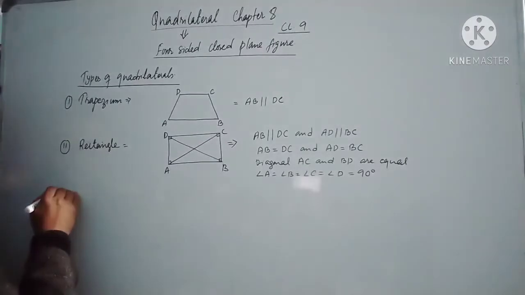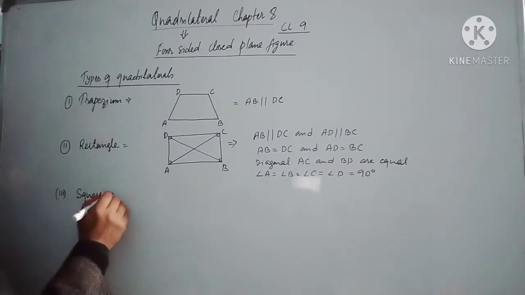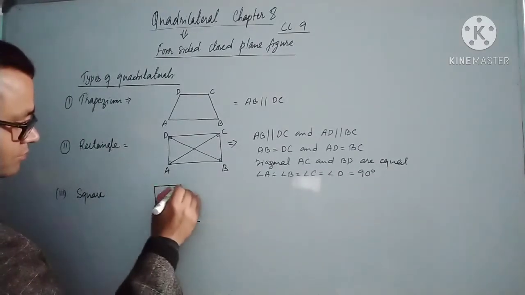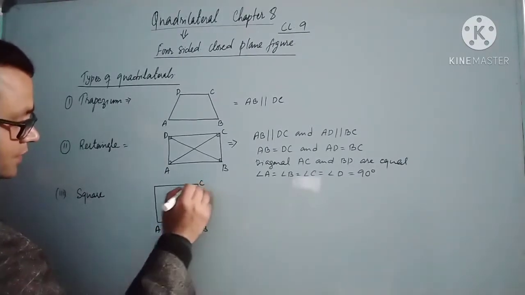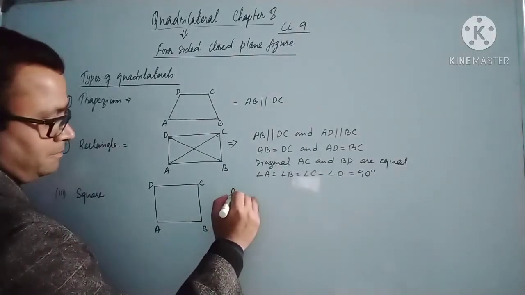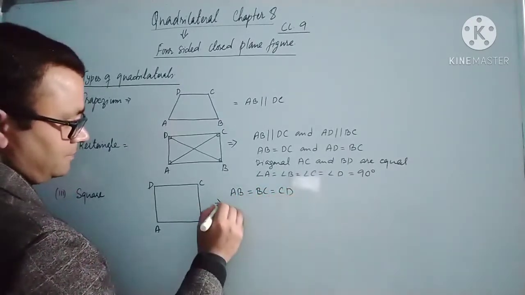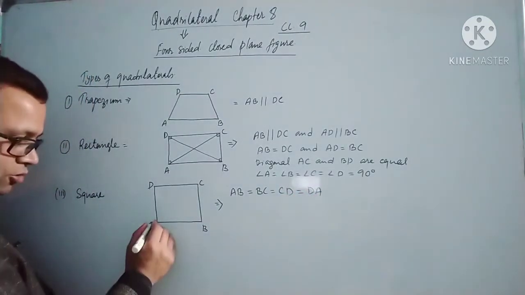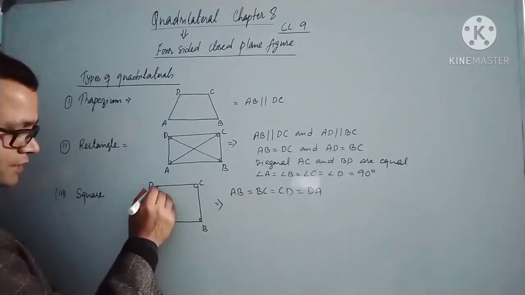And number 3 is square. In square all the sides are equal. This is A, B, C, D. AB equals BC equals CD equals DA, and all the angles are also equal, meaning all the angles are 90 degrees.